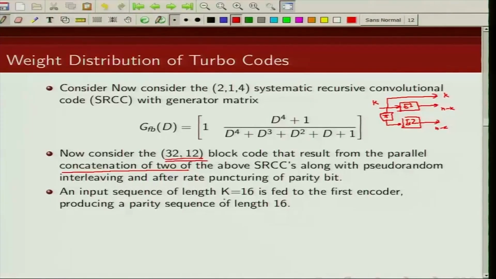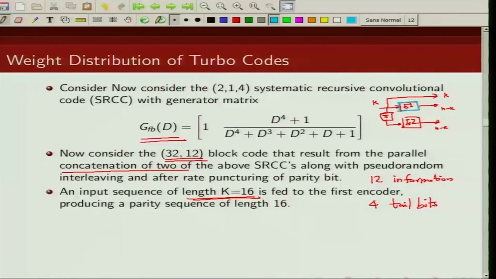Now let us consider an input of length 16 where 12 of them will be information bits, and 4 of them will be tail bits which we use to terminate this convolutional encoder. So we are considering an input of size 16, 12 of them the information sequence and 4 these tail bits which are used to terminate this convolutional encoder. We feed this to our encoder 1, which is this encoder E1.